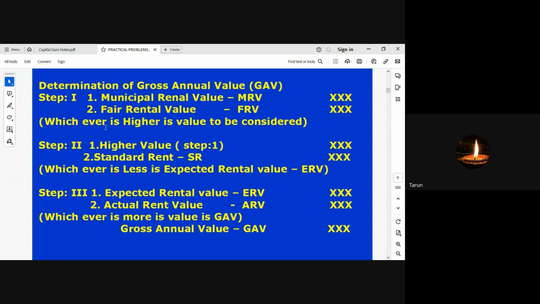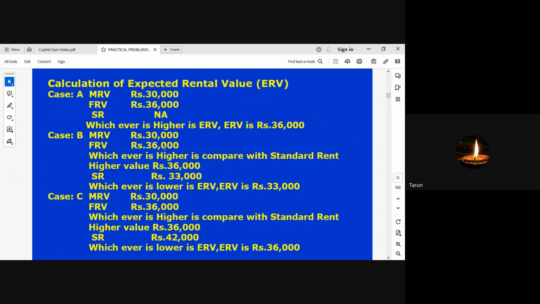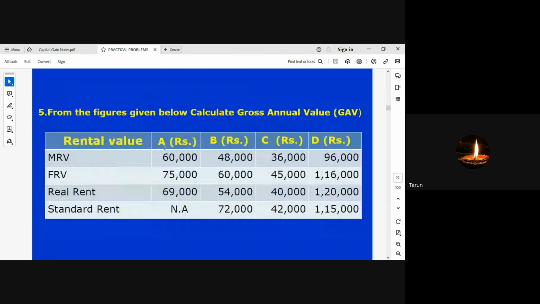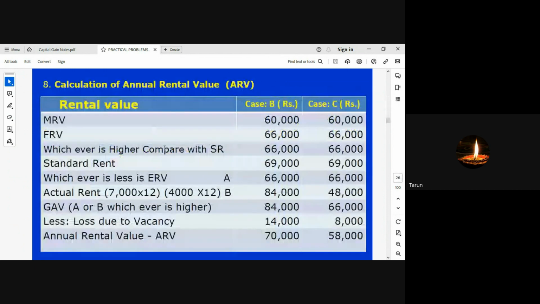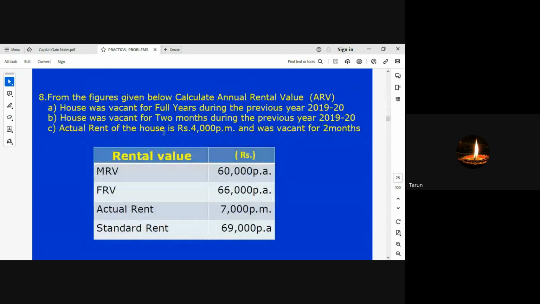In today's session, we're going to learn the numerical questions which were left. This is a numerical question where we have to estimate three parts. You need to calculate the annual rental value in three cases. First, the house was vacant for the full year during the previous year.